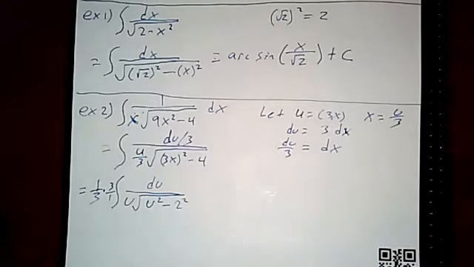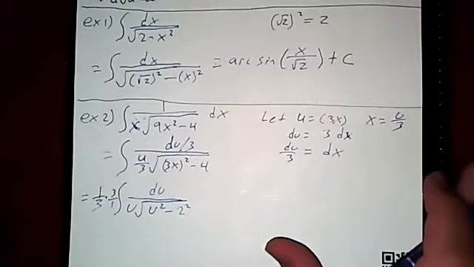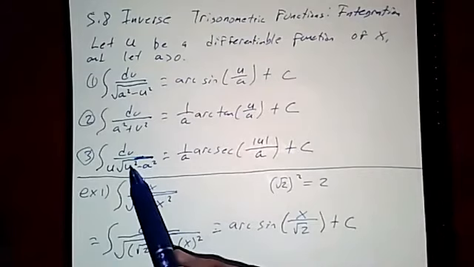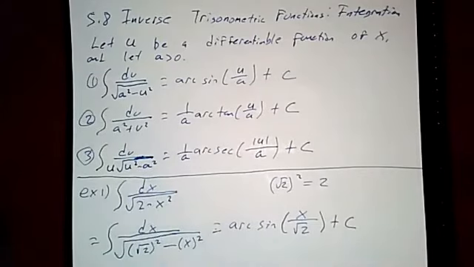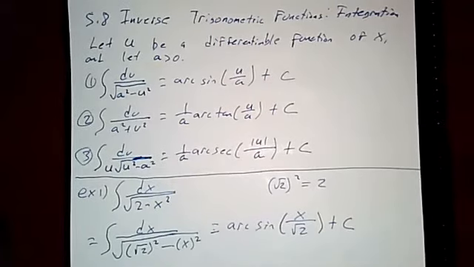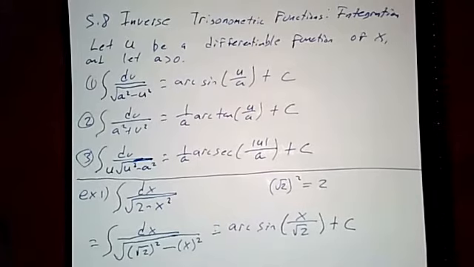Well, at first I didn't choose it, but then I started thinking, you know what? I need to have a u squared inside, right? So I figured, if I rewrite this as 1u squared, then I'll be good, as long as this also becomes a u. So yeah, I'm going to give it a shot.